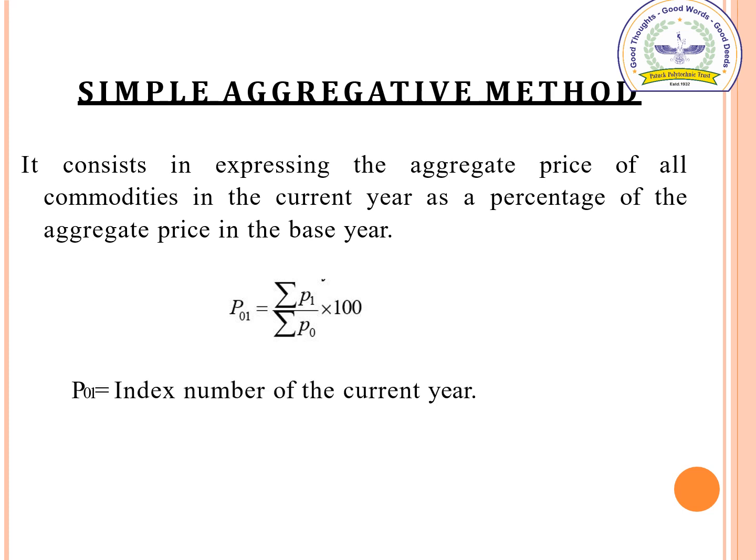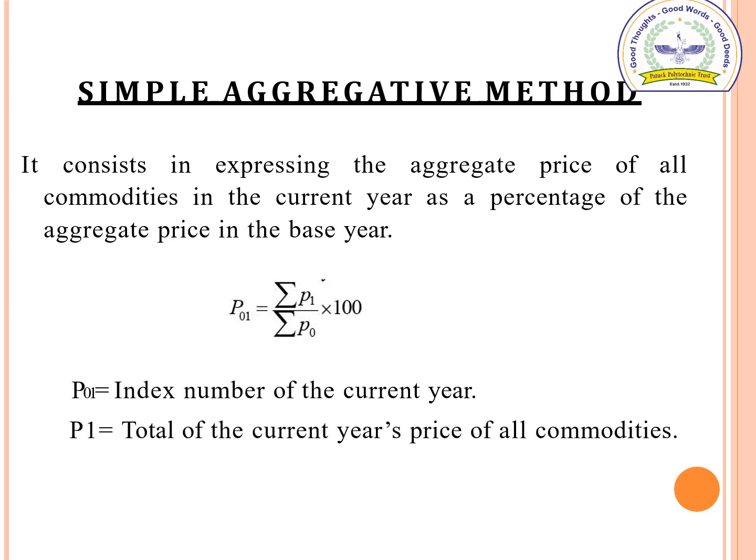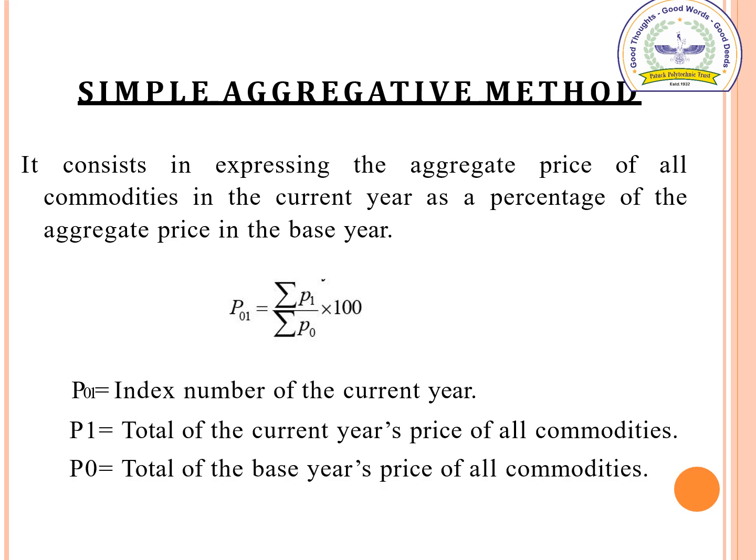Here P01 stands for index number of the current year. P1 stands for total of the current year's price of all commodities. And P0 stands for base year.